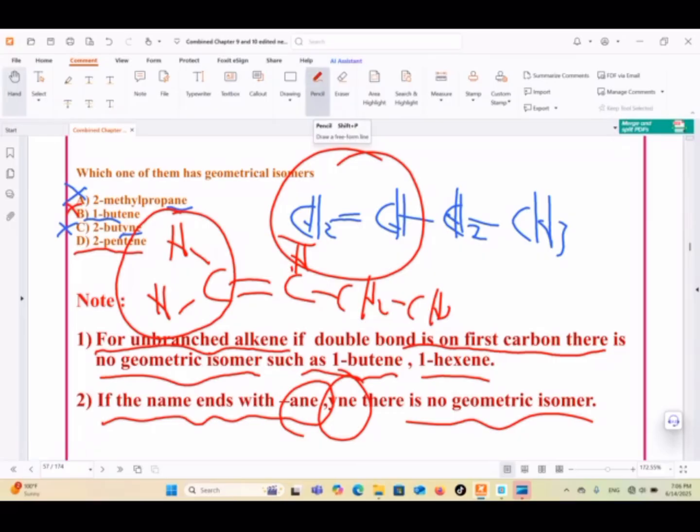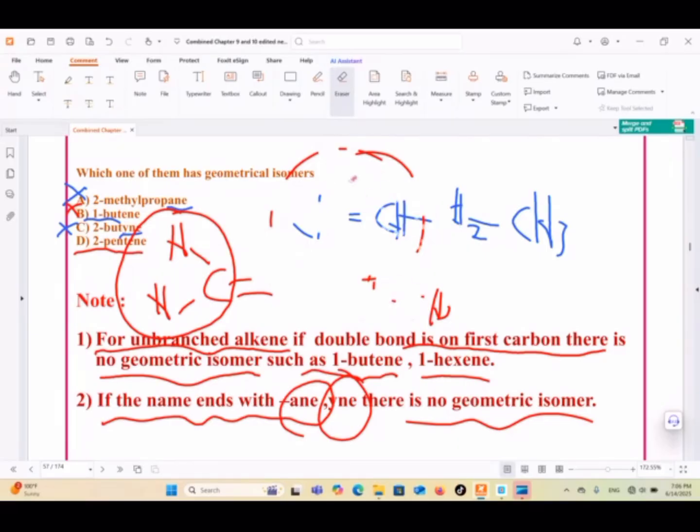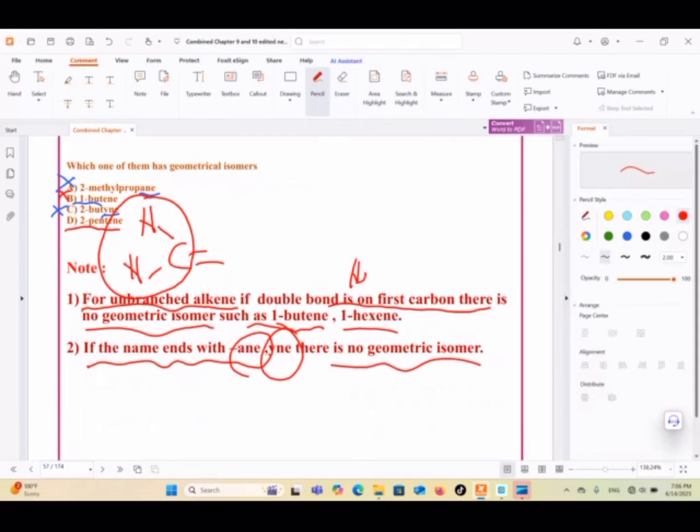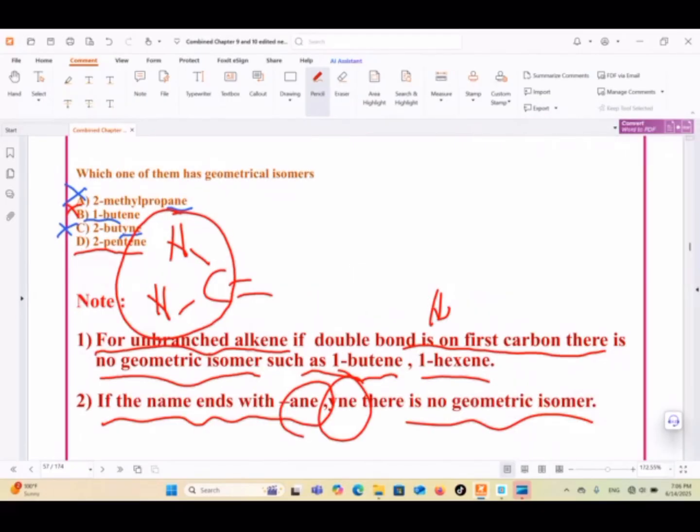Let us examine D, guys, to know whether it will form a geometric isomer or not. I will be drawing the structure to show you how to test whether a structure will form a geometric isomer or not. Let me draw the structure for 2-pentene.